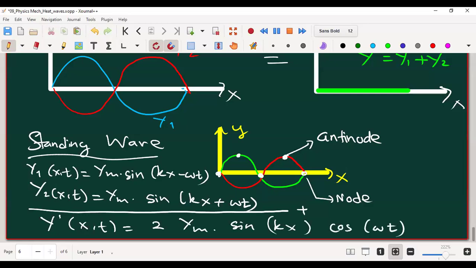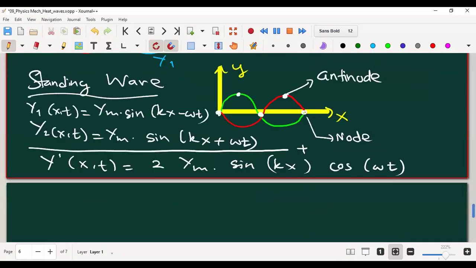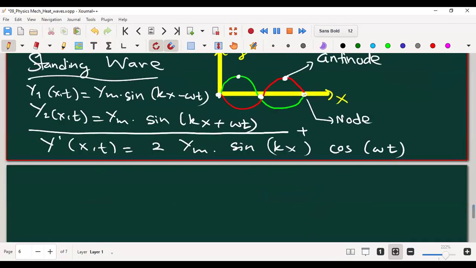We can use the trigonometric formula, sin alpha 1 plus sin alpha 2. So what does it mean? It means that there is a magnitude of amplitude.